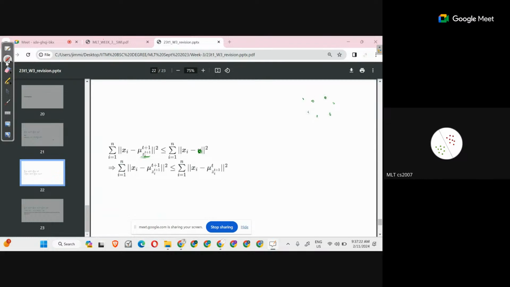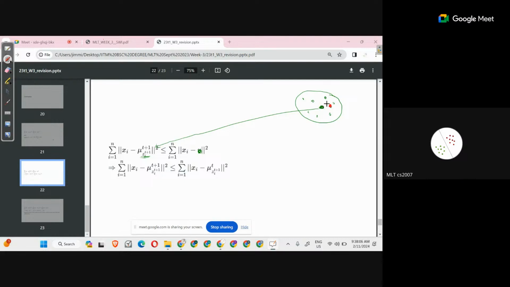Let's say this is our original centroid, which is mu2. If I change it to any other point, the distance will be more, or equal if I take this one only.